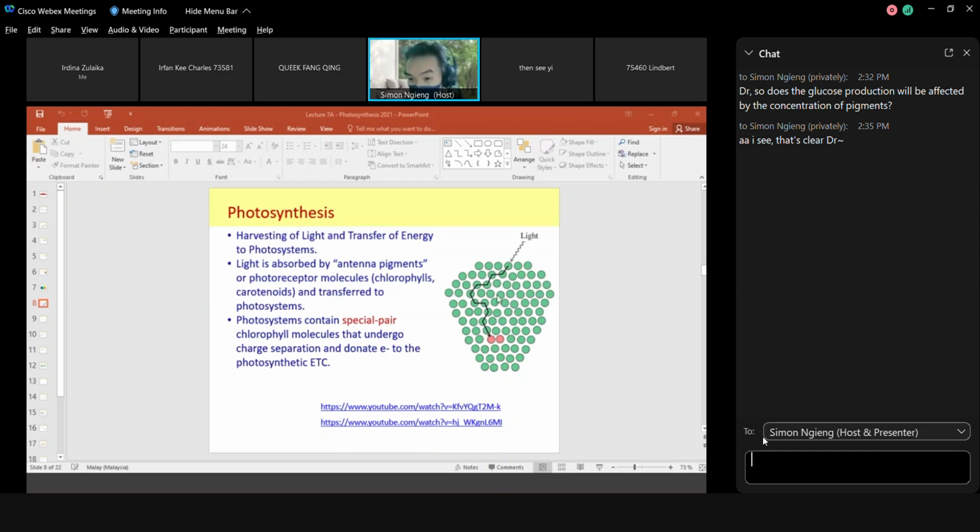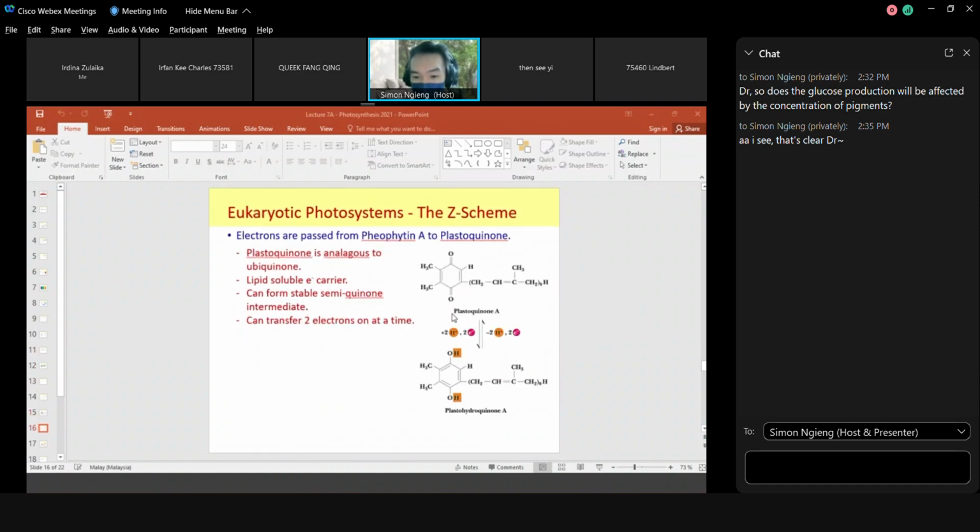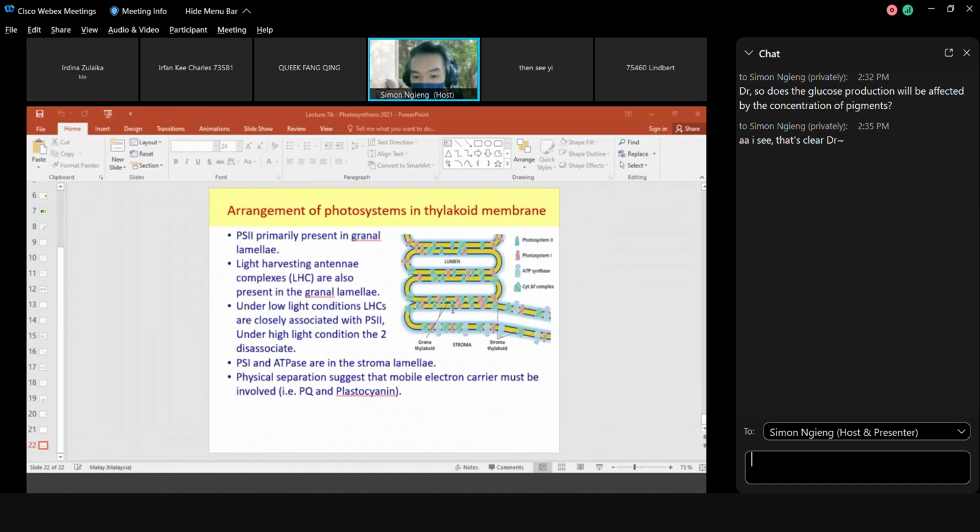There are several factors. You will also look at, there's one more slide, but that one is towards the end. You see this one, you have photosystem 1 and photosystem 2. So it depends very much on how they arrange themselves. You have plants that have more of photosystem 1 and 2, while you have plants that have less.